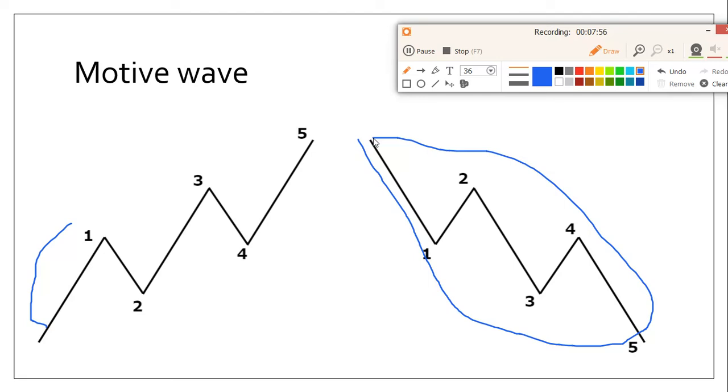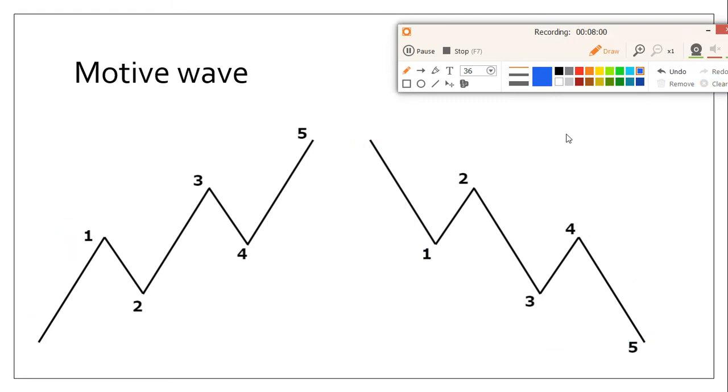So these figures here are showing us 1, 2, 3, 4, 5, an example of a bullish model of an impulse, and 1, 2, 3, 4, 5 is an example of a bearish model of an impulse.